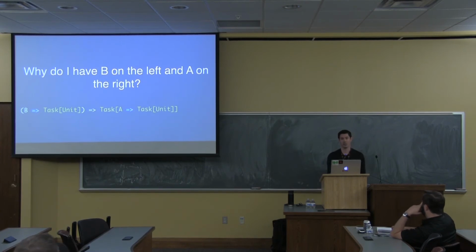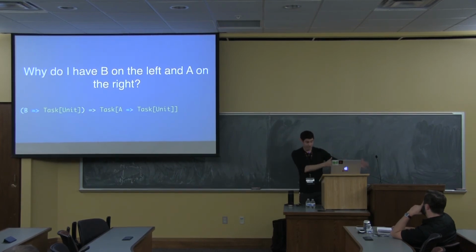I'm not supplying the B, I'm consuming the B. And when I pass that function in, I'm getting a function that lets me produce the A and, you know, side effect or whatever. So it's the opposite of Function1 because my production is on the opposite side of my consumption.